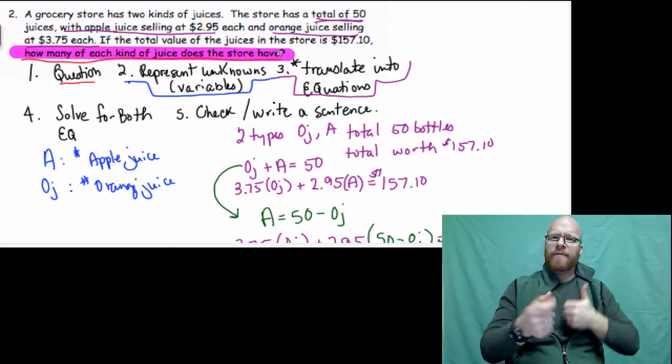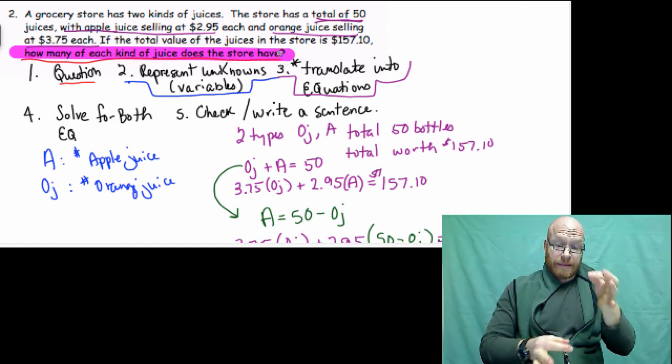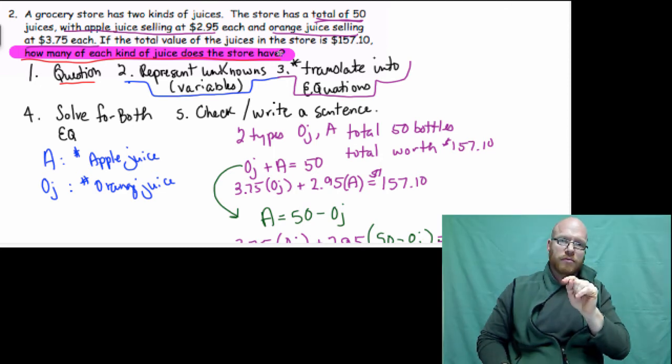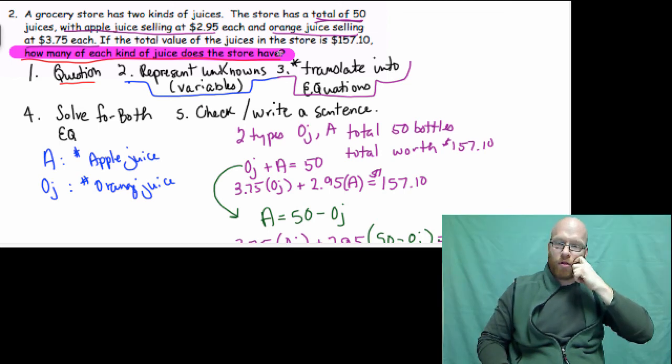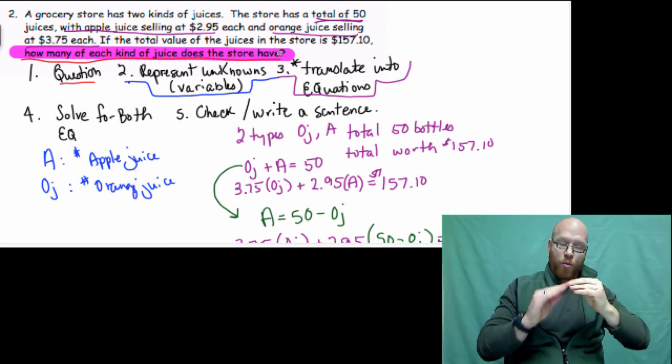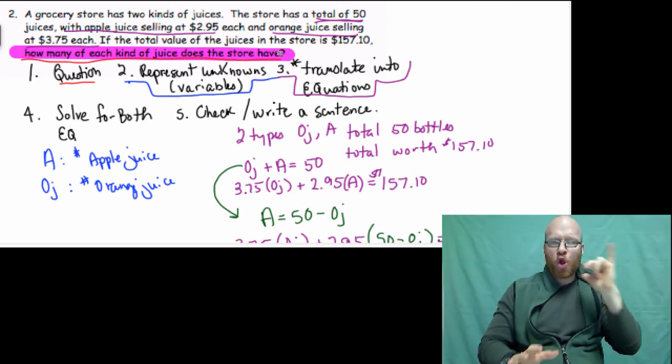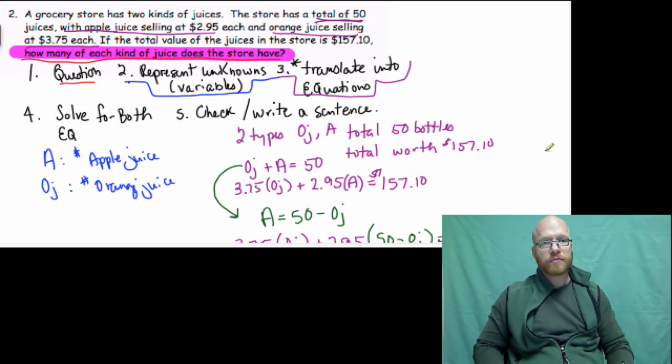How many of each kind of juice does the store have? The simple thing is just to answer the question. I have this many apple juices. I have this many orange juices. I'll give you the form of the sentence below, what it should look like.